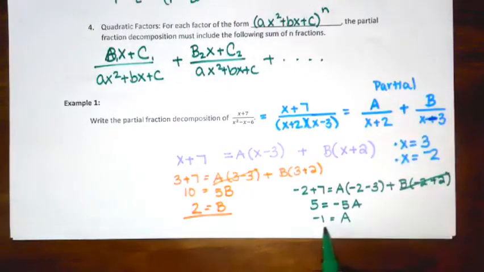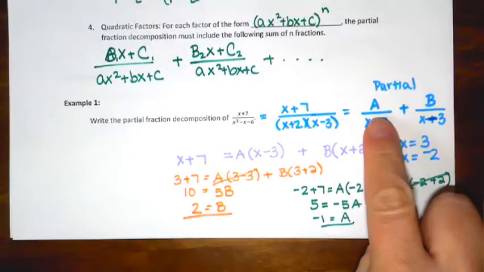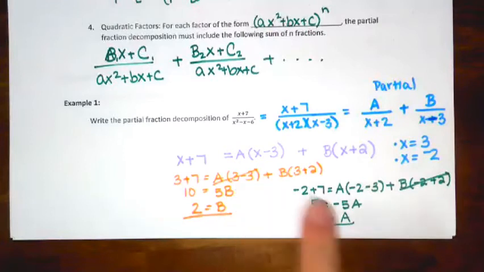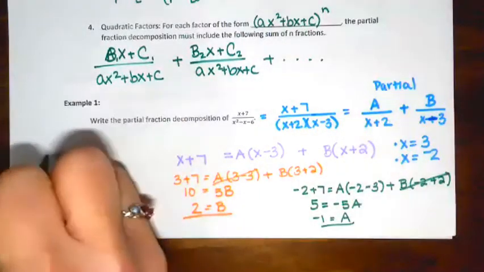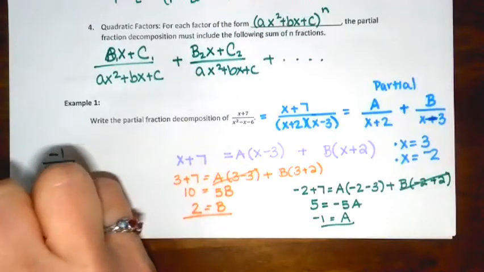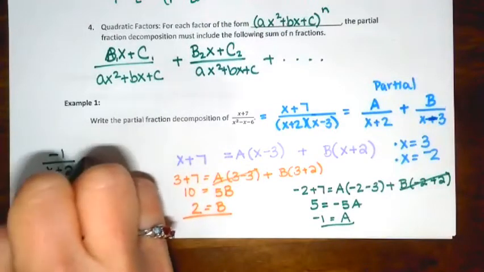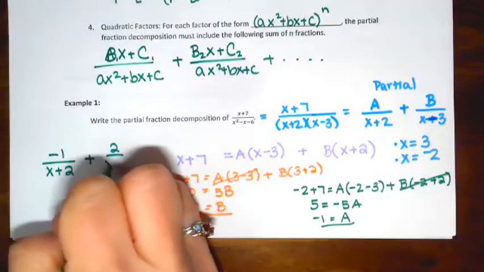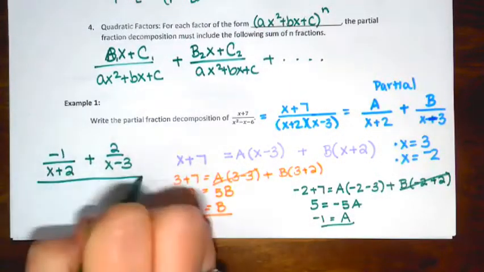So now in my partial fraction, I needed to know what a was and what b was, correct? Do I know what a and b are? Yes. So my partial fraction would be negative 1 over x plus 2 plus, what's my b? 2 over x minus 3.